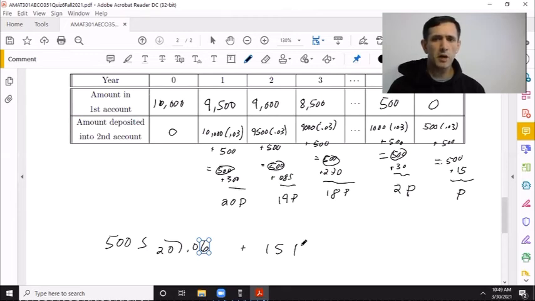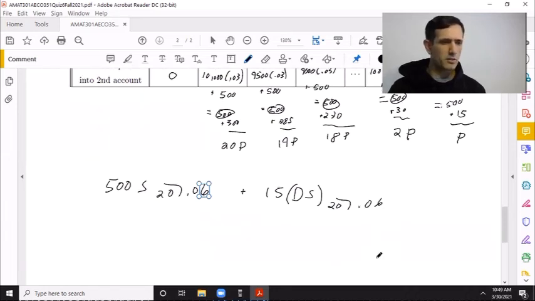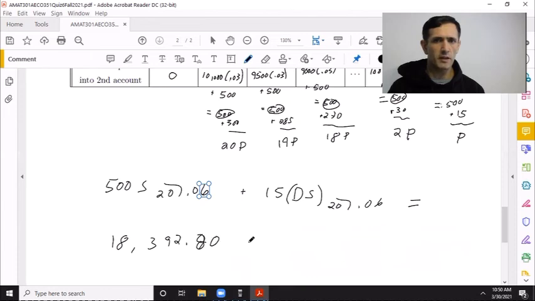Okay, so this is my decreasing annuity formula. So P here is 15. So it's P times (Ds) 20 at 0.06. And so this is going to be 18,392.7, let's say round up 0.8.